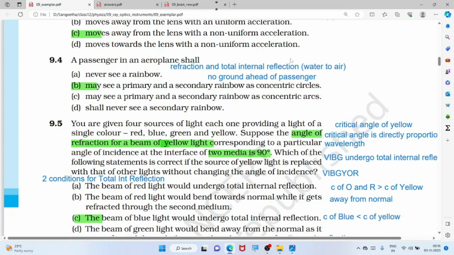Water to air: water is a denser medium, air is the rarer medium. From water to air light travels, this causes this rainbow. So this will appear like a concentric circle, not arcs. Arcs will appear from the ground, not from the aeroplane.